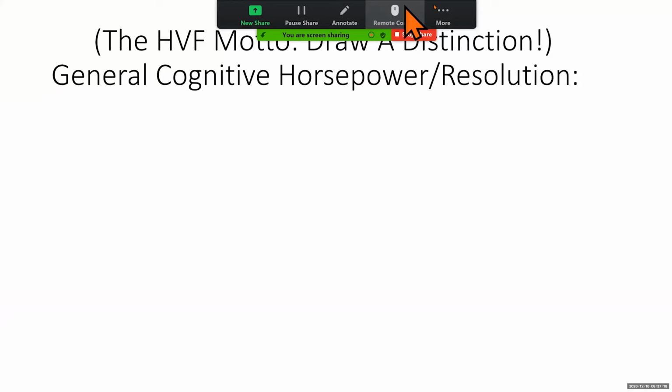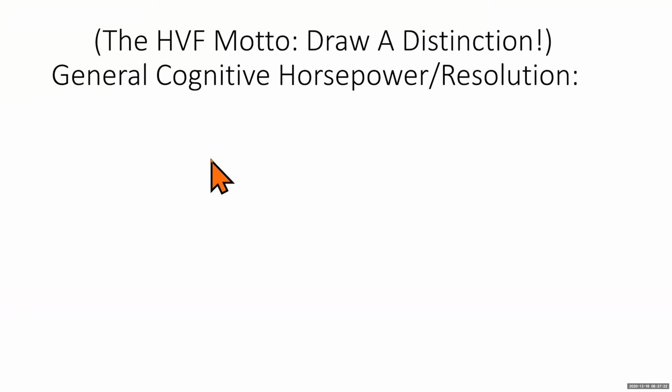First is the beloved Heinz von Foerster model that draws a distinction. I tend to work on the general distinctions of different cognitive horsepower or cognitive resolution.